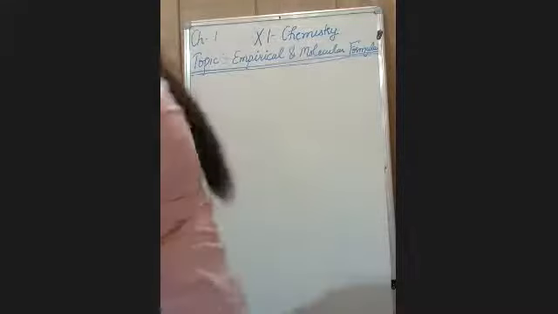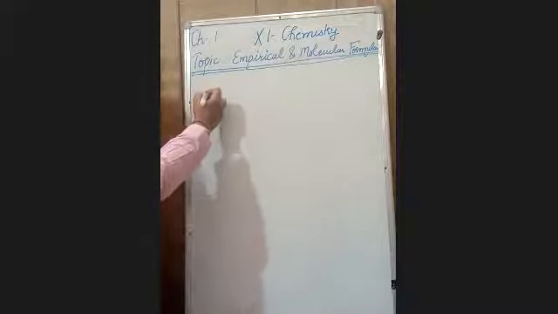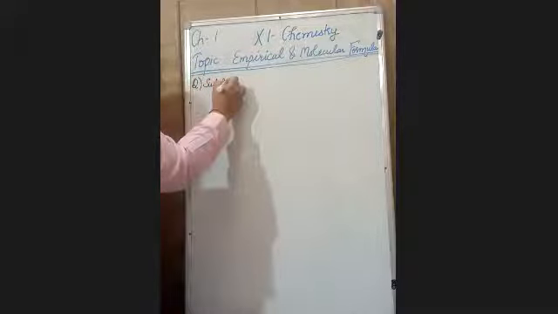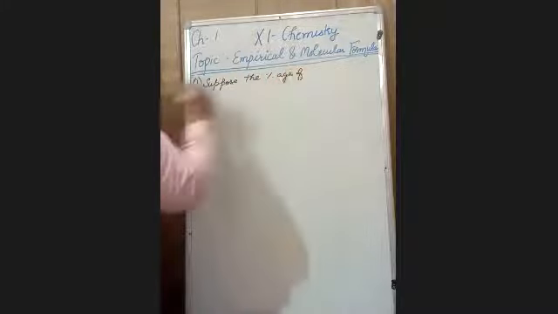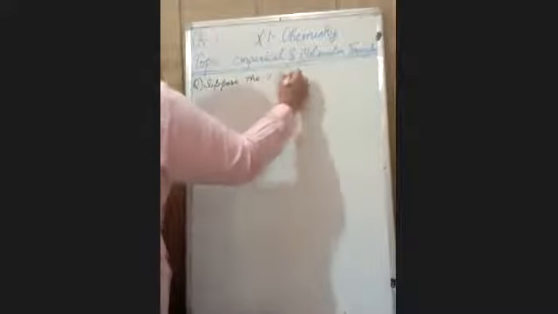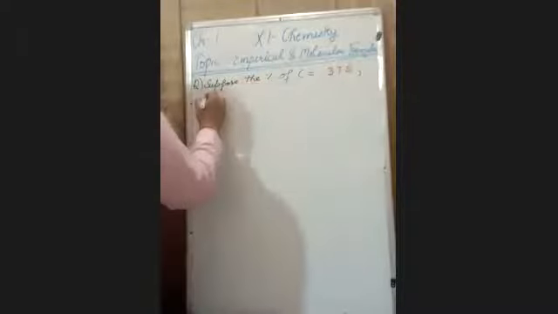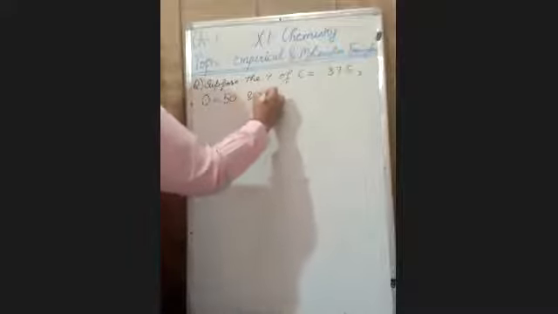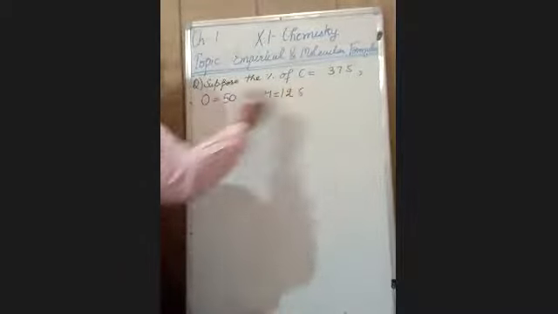Suppose the question is: the percentage of carbon is 37.5, oxygen is 50%, and hydrogen is 12.5%.